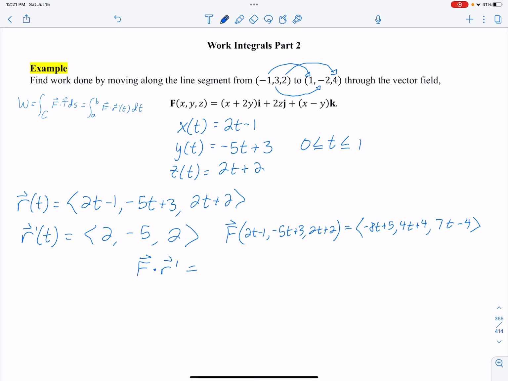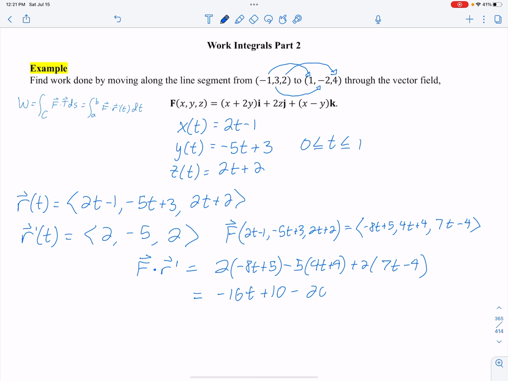Okay, that's going to be 2 times negative 8t plus 5 minus 5 times 4t plus 4 plus 2 times 7t minus 4. It's a dot product. This is going to give me negative 16t plus 10 minus 20t minus 20 plus 14t minus 8.